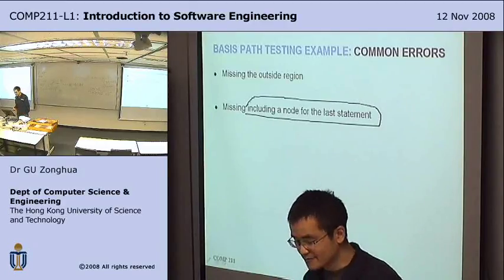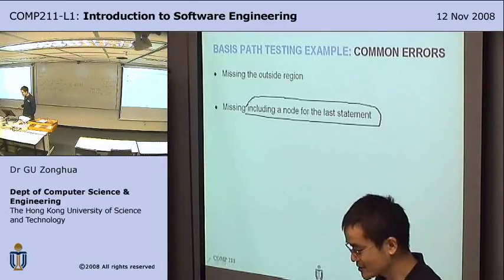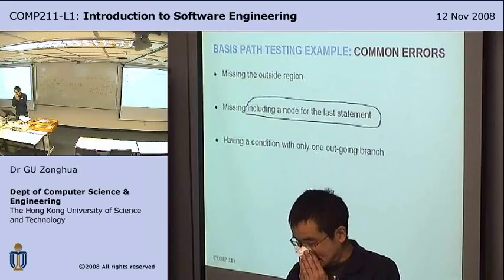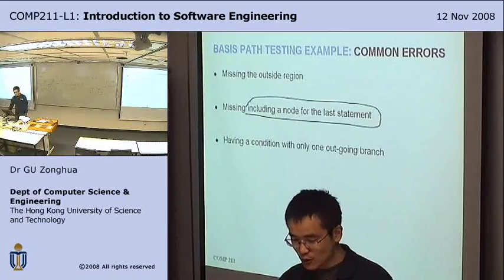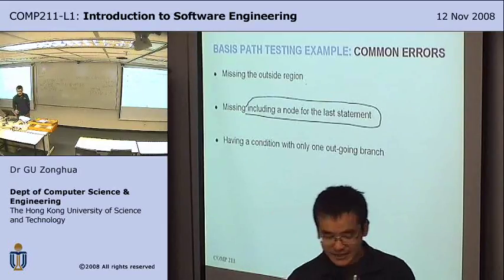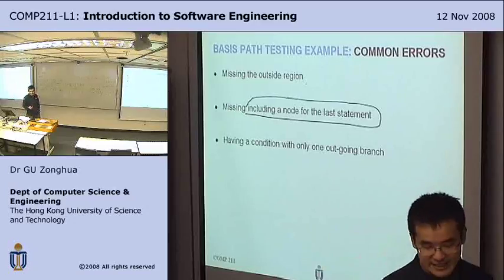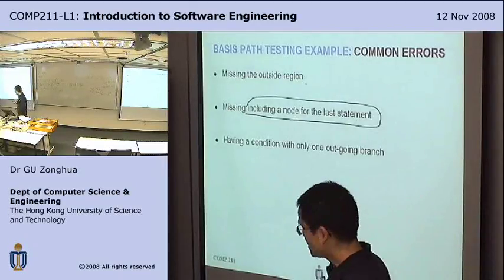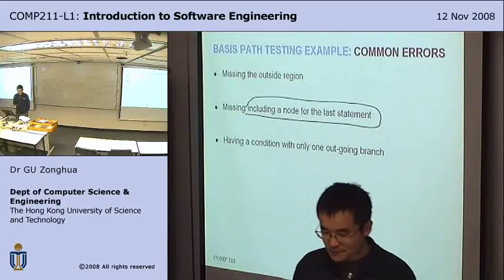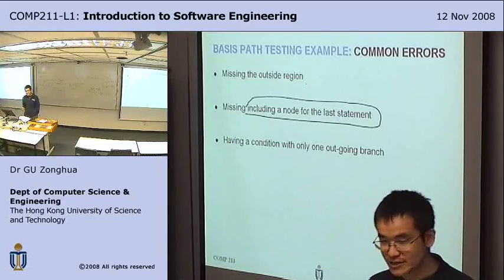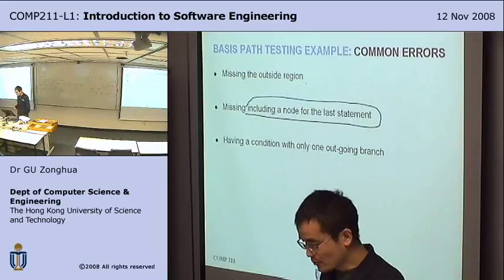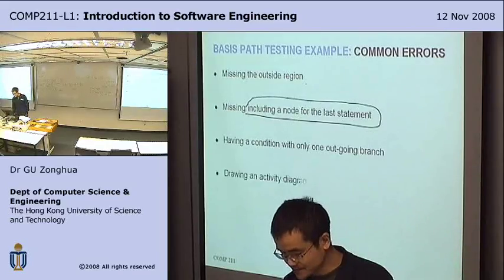Even if you don't have it, you should count the close parenthesis as the last statement. Having a condition with one outgoing branch. A condition node, by definition, has 2 or more outgoing branches. If it's an if, or while, or for, it has 2 outgoing branches. If it's a case statement, it has 2 or more outgoing branches.